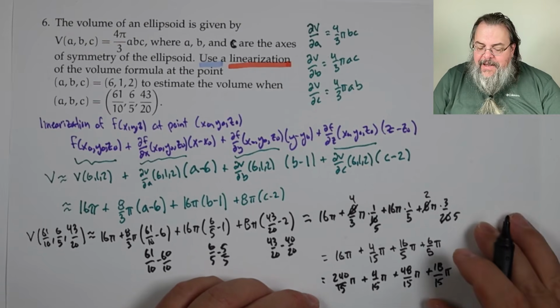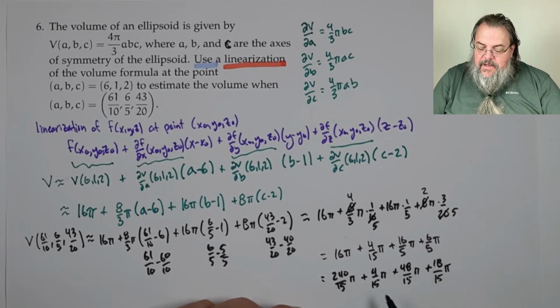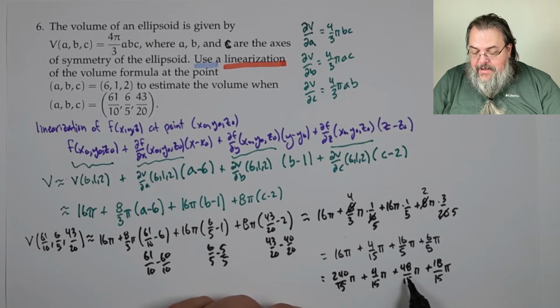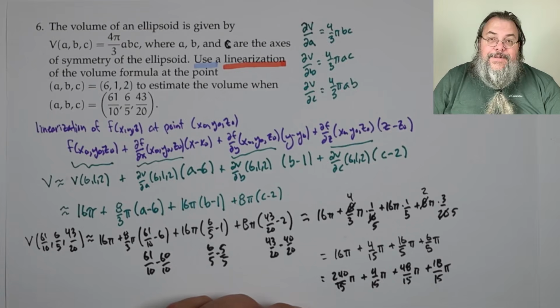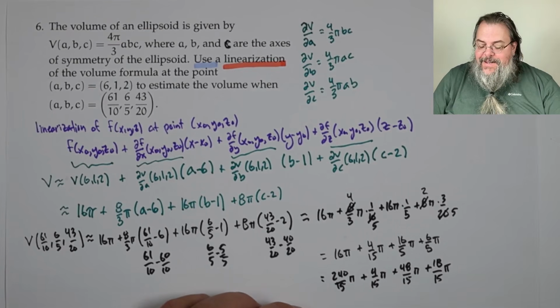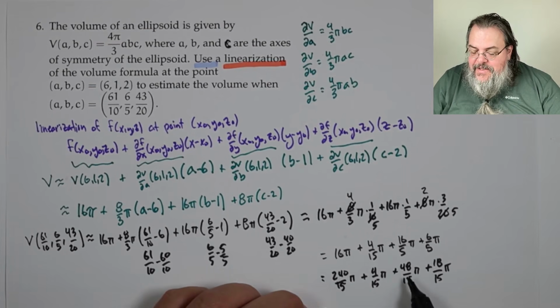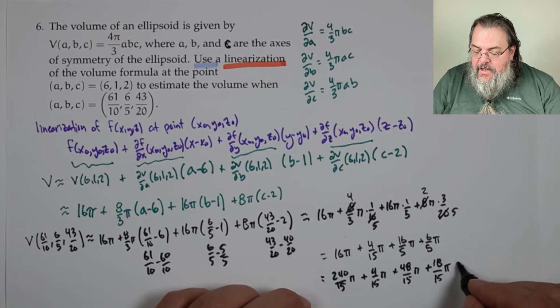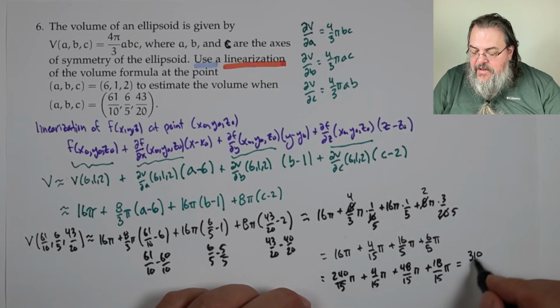Okay, and if we add these numbers up, 18 plus 48, that makes 66, I believe. Does that sound like a real number? Yeah, it sounds like a real number. So that's 66 plus 4 makes 70, plus 240, that makes 310 over 15 pi.